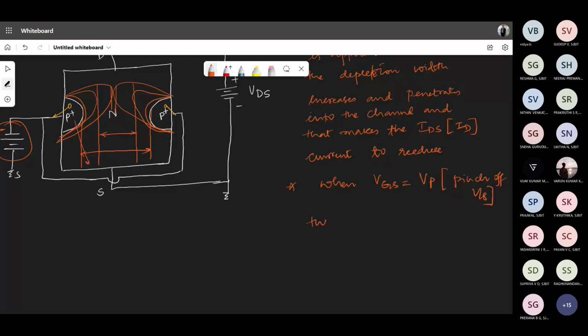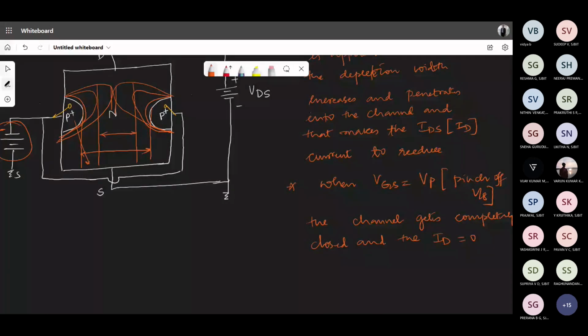The channel gets completely closed and the ID current becomes equal to 0. This is a point where we say that the transistor has gone to the cutoff point. Earlier it was in saturation, now it is at cutoff. Saturation happens when the gate voltage is 0. Cutoff happens when the gate voltage is the pinch off voltage.